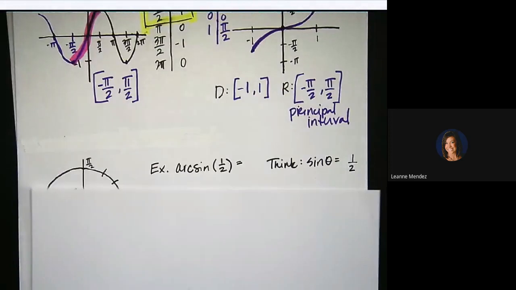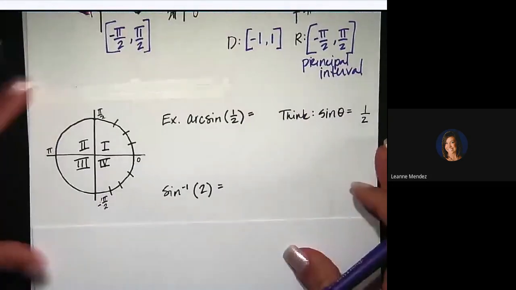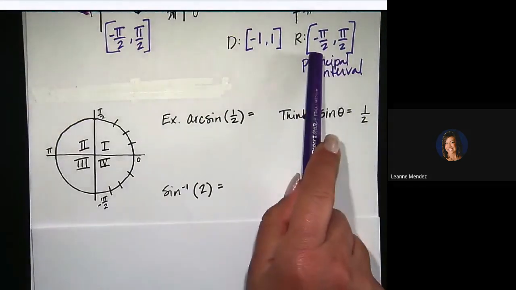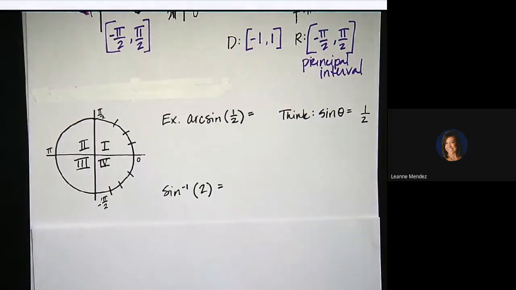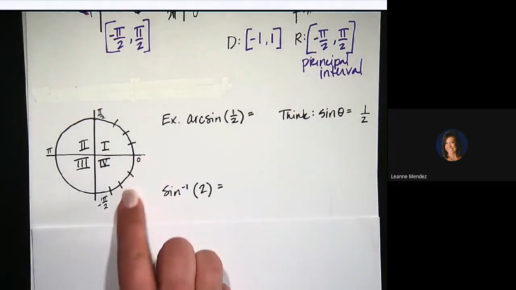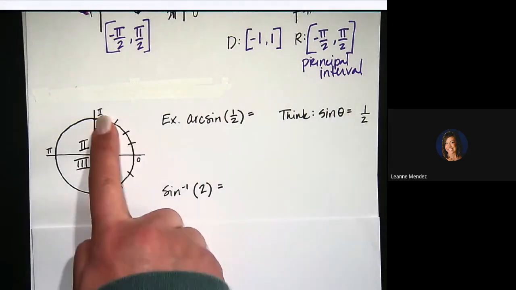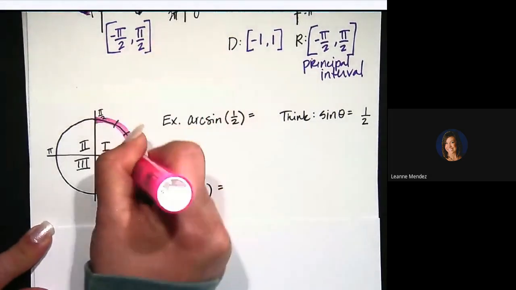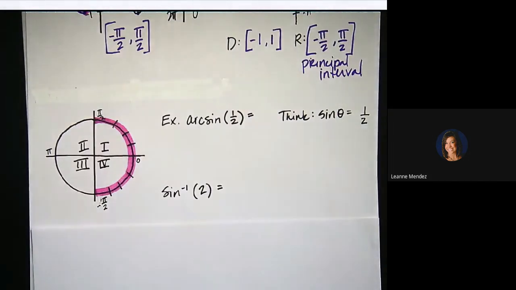Okay, so if I look at my unit circle, the principal interval is going to go from negative pi over 2 to pi over 2. So if 0 here is on the x-axis, negative pi over 2 means I'm going in the clockwise direction, which means I'm going to cover quadrant 4. Positive pi over 2 is going to cover quadrant 1. So as far as sine goes, I'm going to focus on only those angles, okay?